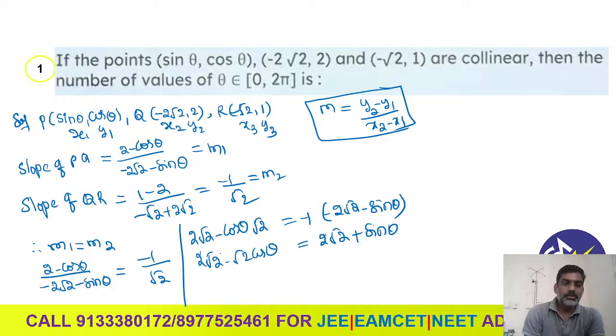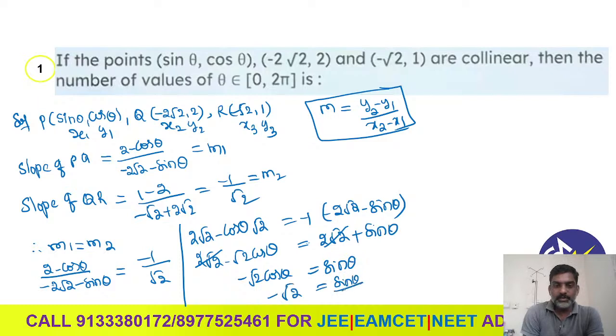So what we finally get is minus root 2 cos theta is equal to sin theta. Then minus root 2 is equal to sin theta divided by cos theta, that is tan theta. Then tan theta is equal to minus root 2.